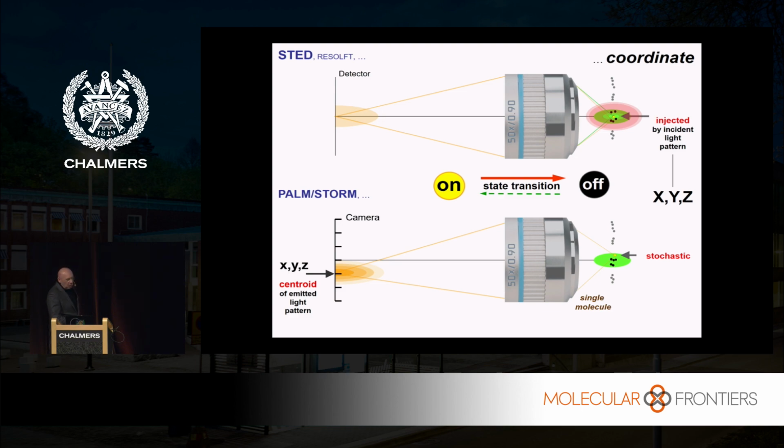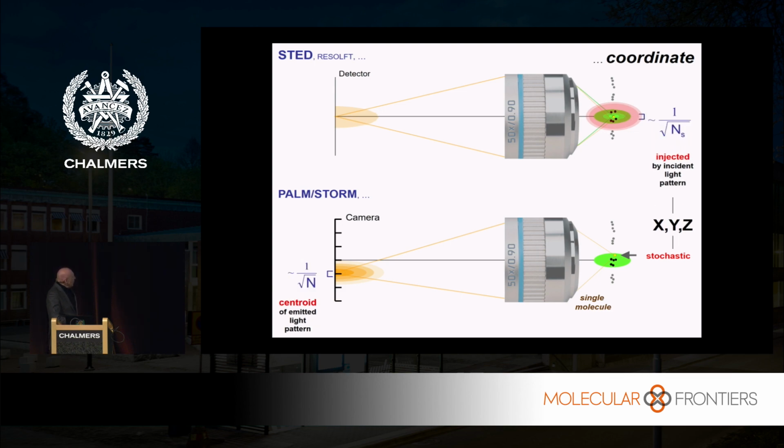And then you know, of course, that the center of that pattern must be associated with the position of the molecule, because where the pattern is brightest, this must be geometrically related to the position of the molecule. And so what you do is you find out the position of this on-state molecule that you are detecting just by calculating the centroid of this diffraction pattern with a photon number n. So n is like 10 or 100 or 1,000 or even more photons.